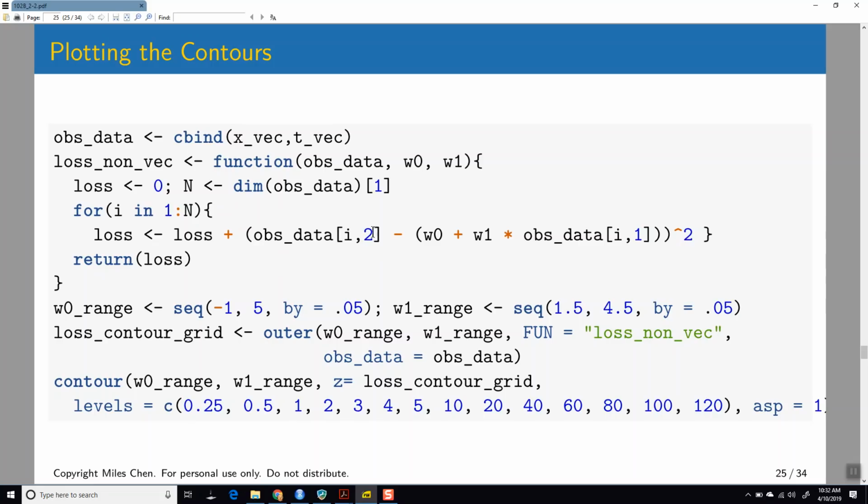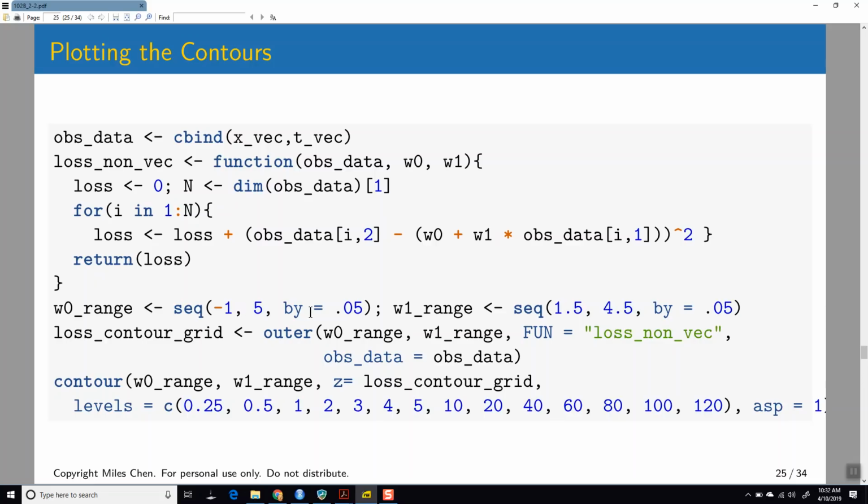Observed data, column 2 is the actual value, and then over here is the predicted value, W0 plus W1 x. For your current estimates of W0 and W1, it's going to be your prediction. You take that difference and you square it, and you add that to the current loss. So it's going to just kind of accumulate the loss, and it's going to return the loss value.